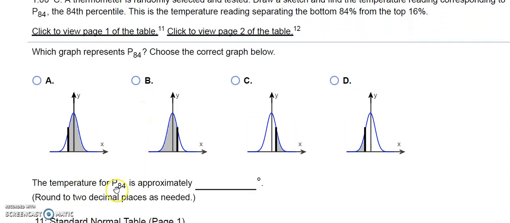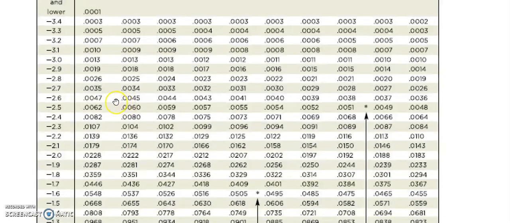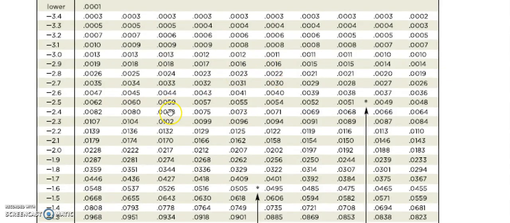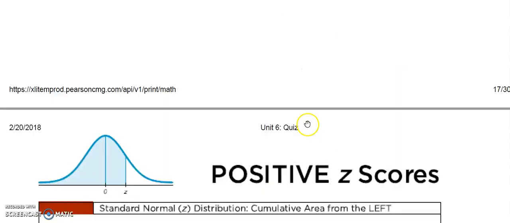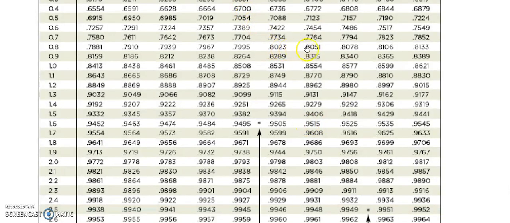And how do you find the temperature for the 84th percentile? The percentile is basically the probability, which is 0.84. So you go back to the charts and find 0.84. Going here, this is 0.80s, 83, pretty close. 0.8413 is here, which is z-score 1, and 0.8389 is here, which is z-score 0.99.